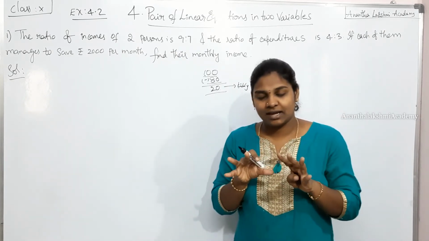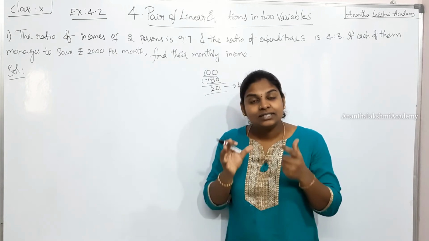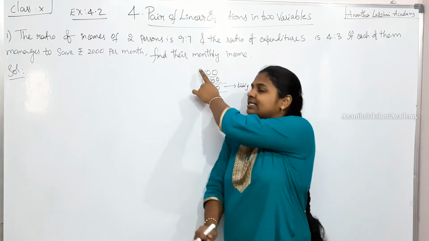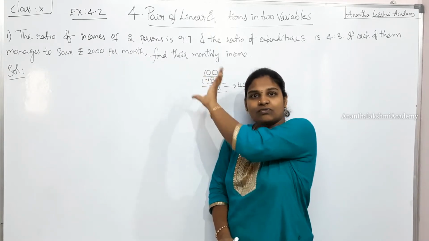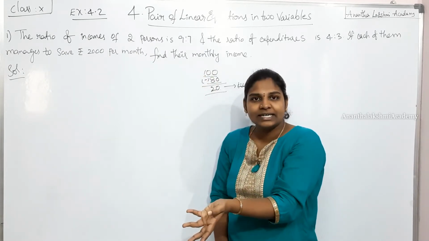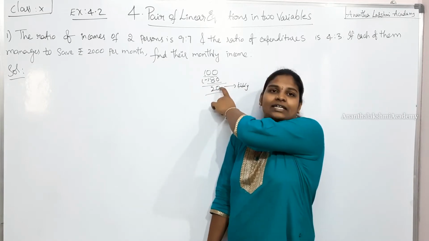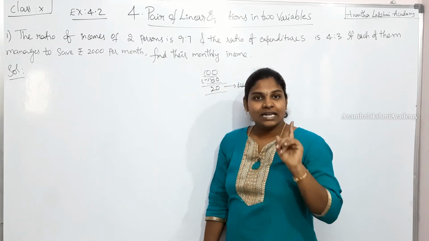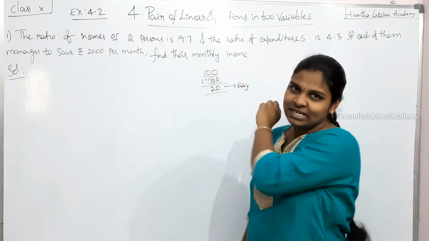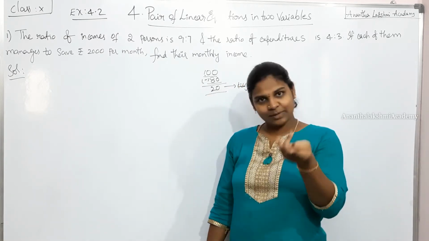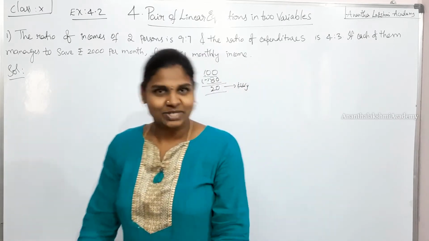I'm just trying to make you understand the terminologies. Whatever is given to you by whatever the means, it is your income, out of which the amount that you have spent is your expenditure, and the money that was left is what? Savings.